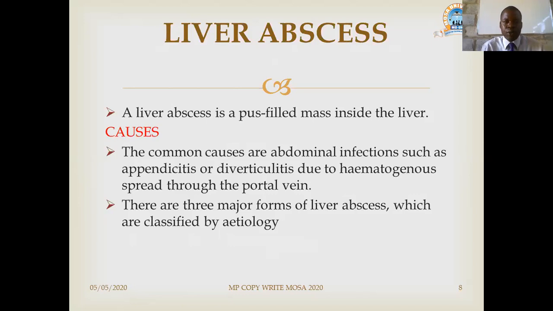It is just like any other pus that you can find in any other organ of the body, but in this case, the pus has been found in the liver, so it is called liver abscess. So a liver abscess is a pus-filled mass inside the liver.